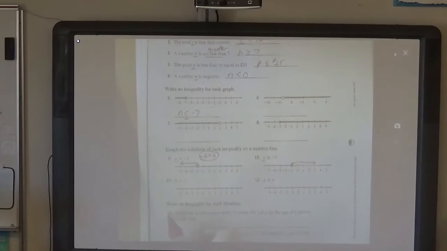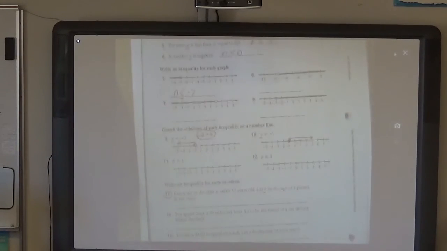Let's do number 13. In each of these, they give you the variable that you should use. Now, if they don't give you a variable, then you should figure out what the subject is. What are we graphing?